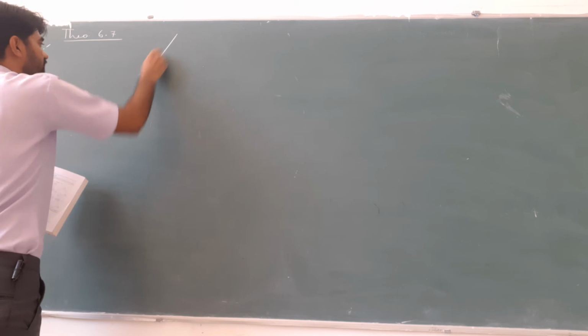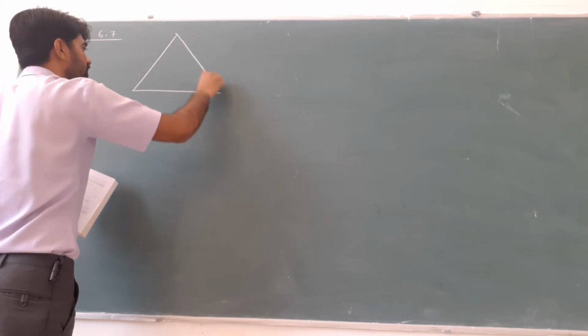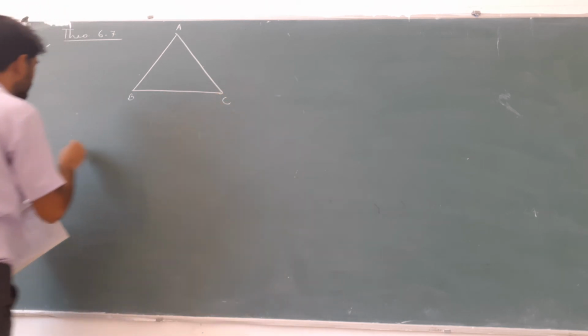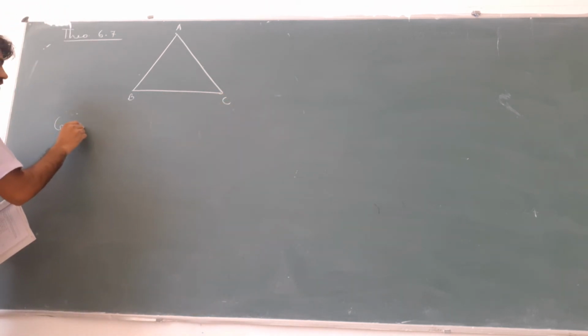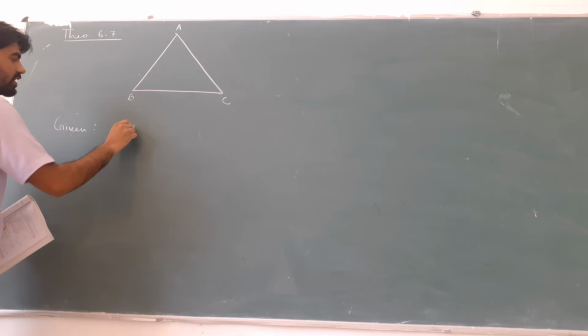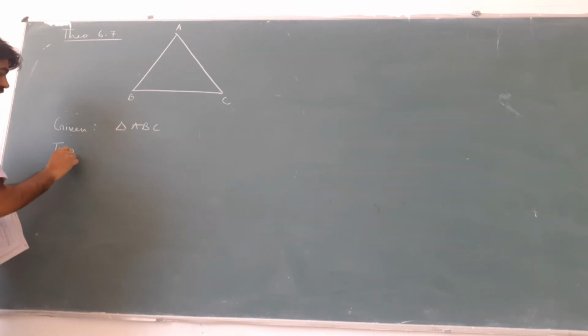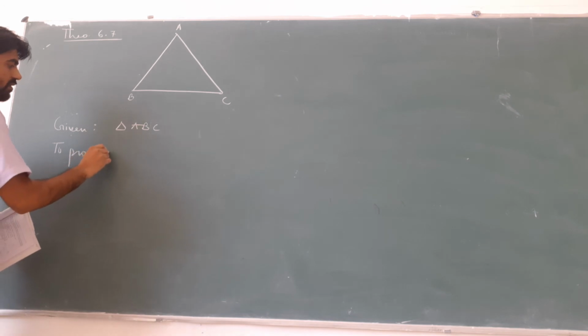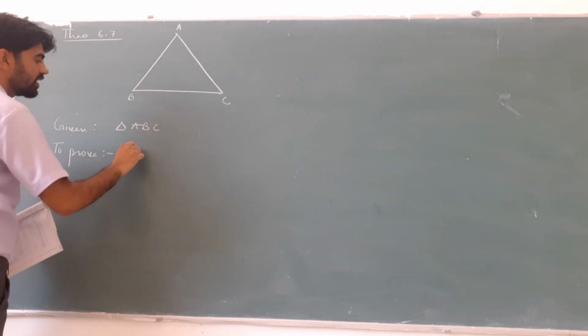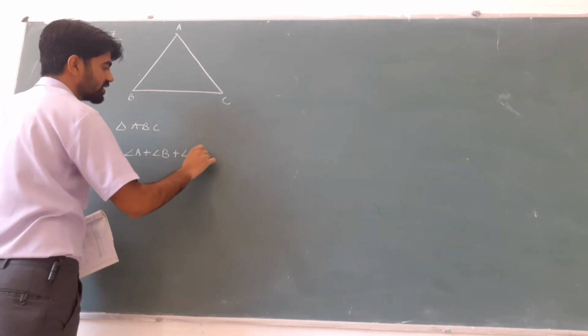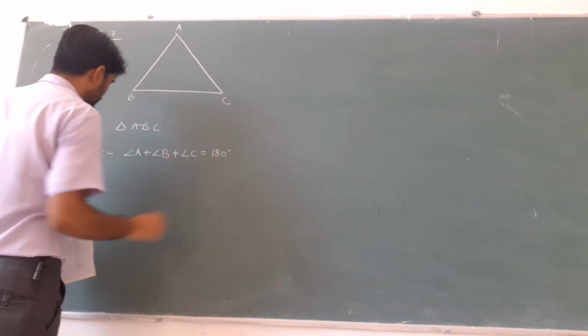So I am just taking a triangle ABC, given triangle ABC, we have to prove that angle A plus angle B plus angle C is equal to 180 degree.